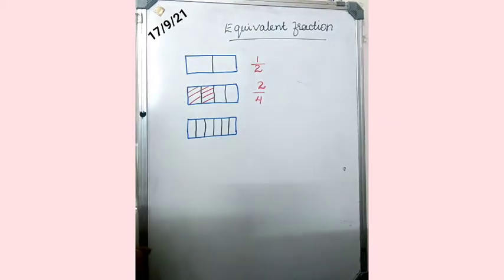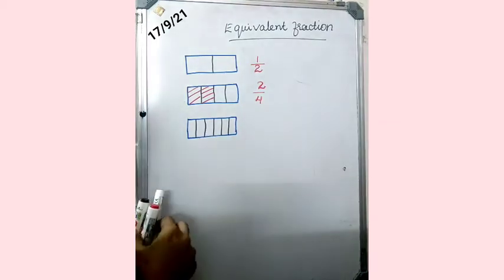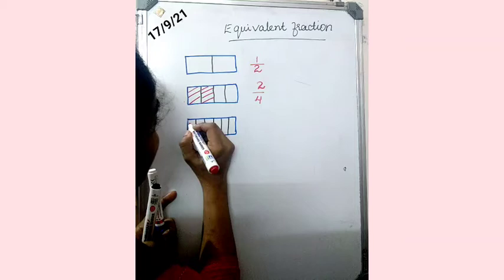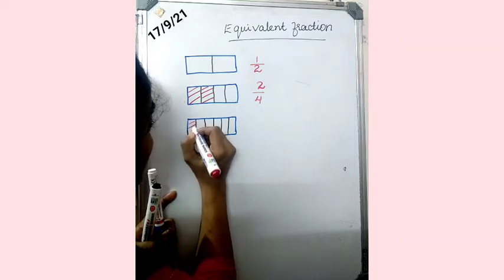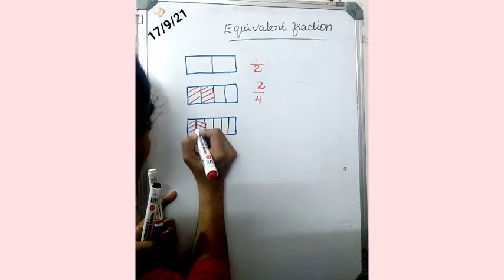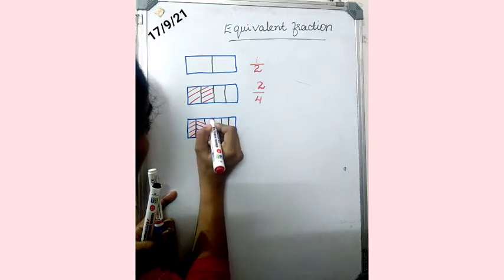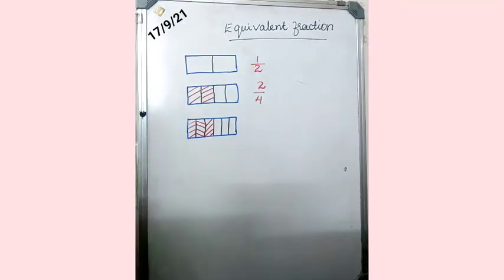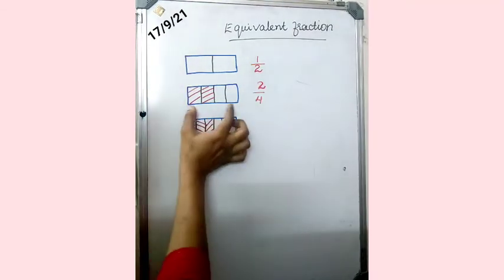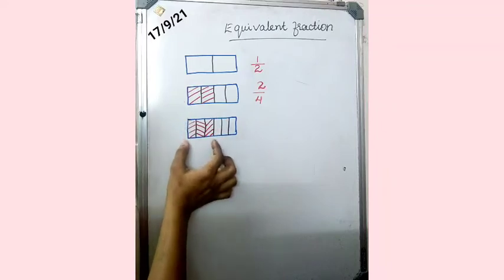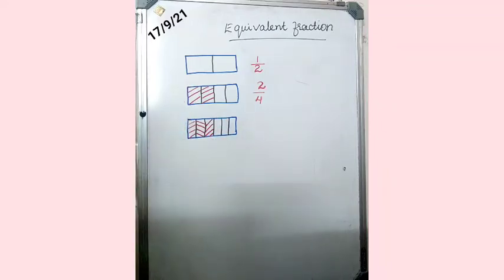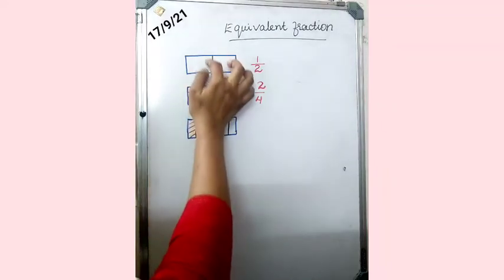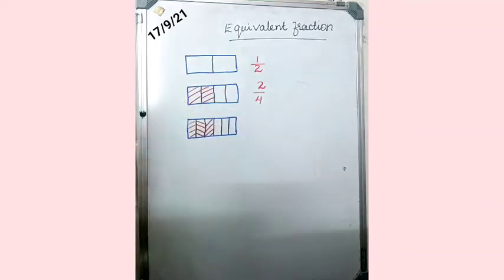Now, what will be the fraction of the half? Here, I am shading that half portion. Look here. There is no difference in the pieces. There is only difference in the pieces I divided. The portion I divided. But the portion remained the same.